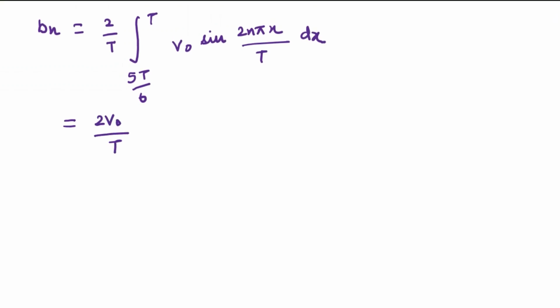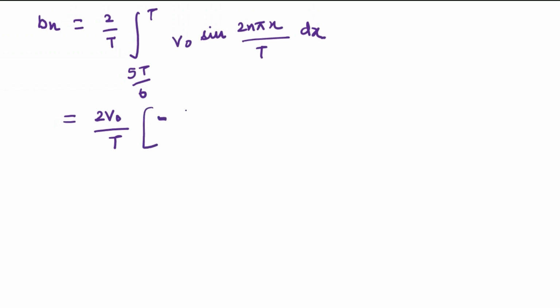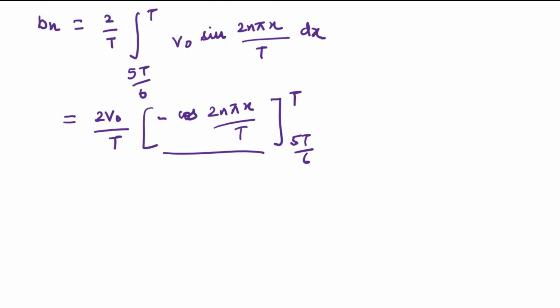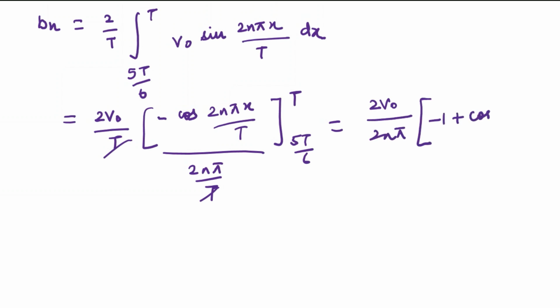So take V naught out, 2V naught by T, integration is minus cos 2n pi x by T, from 5T by 6 to T. So it will be 2V naught upon 2n pi, and minus 1 plus cos 5n pi by 3.